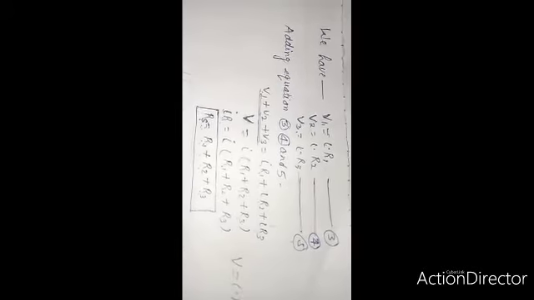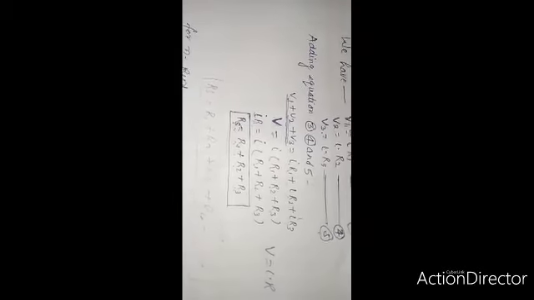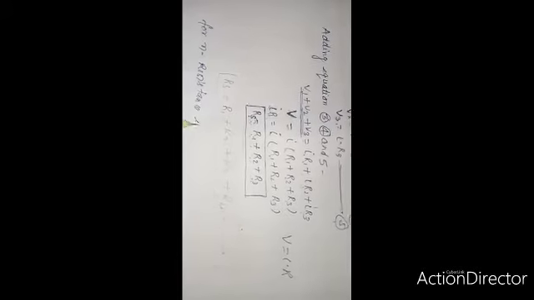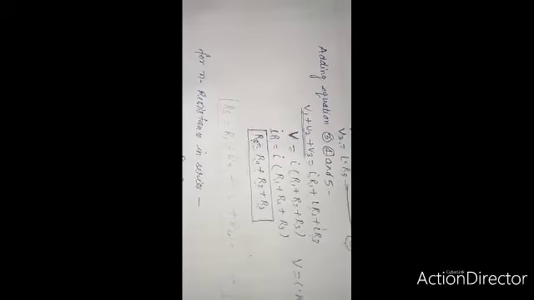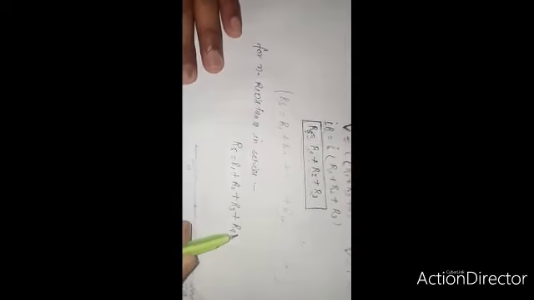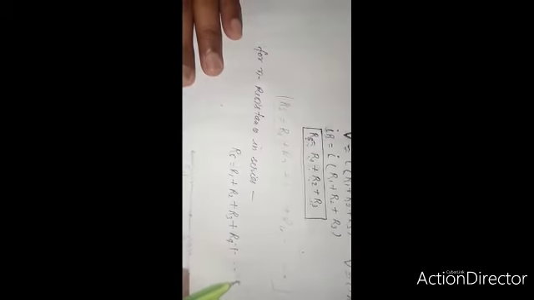If n number of resistances are combined in series combination, in general, if n resistances are connected in series, then equivalent resistance RS is equal to R1 plus R2 plus R3 plus R4 and so on till Rn.